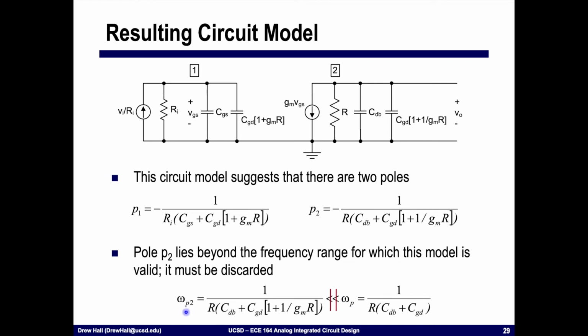Miller's approximation can only be used to calculate the dominant pole because that's the only place that the gain is correct. After that, the gain starts to roll off due to this pole, and the gain that we are quote unquote using to calculate omega P2 is no longer correct. And so we have to discard this result. We cannot use this, it is incorrect.